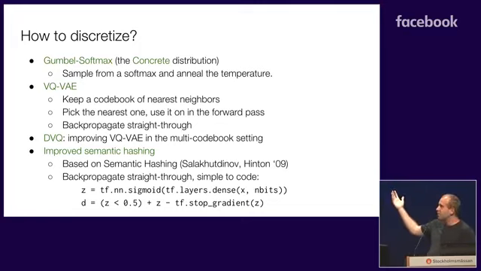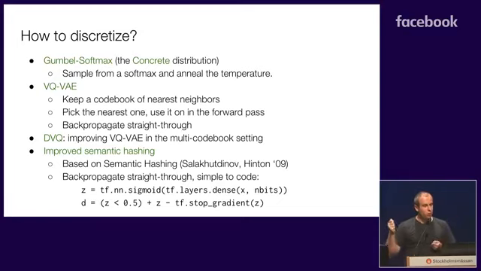Luckily, there's been a lot of work in recent years on discretizing variables during training. Some of the first works were Gumbel softmax, also called the concrete distribution, which is a way of sampling from a softmax that's very good. Another recent work that inspired a lot of this one is VQ-VAEs, introduced by DeepMind. It's a very nice idea.